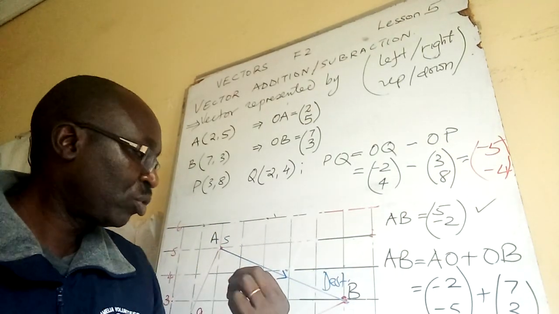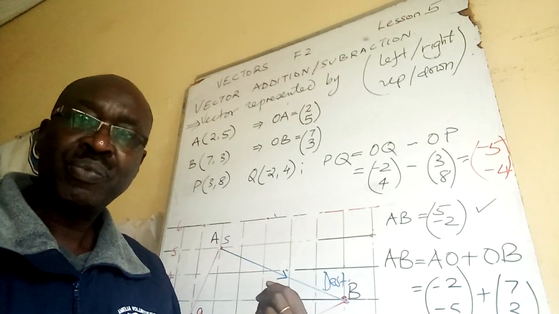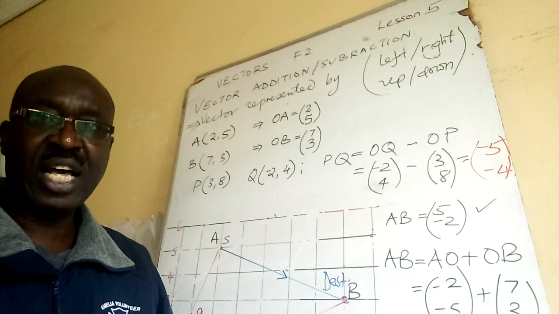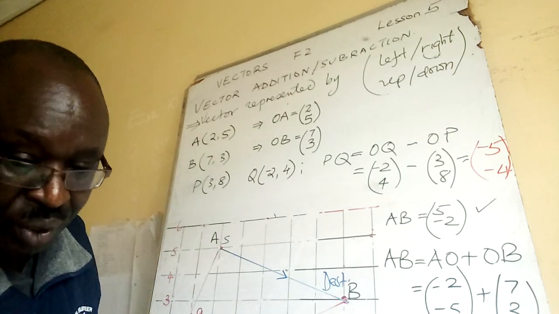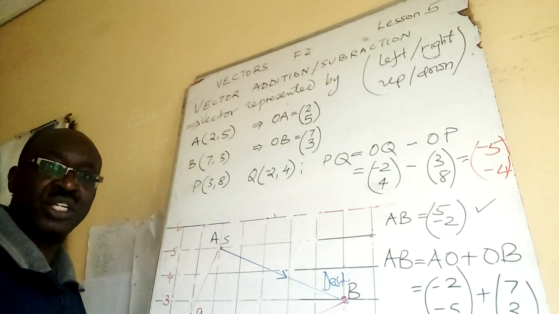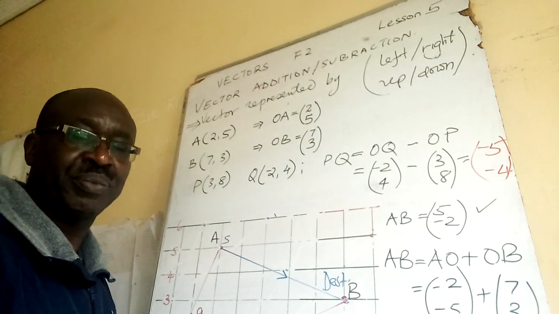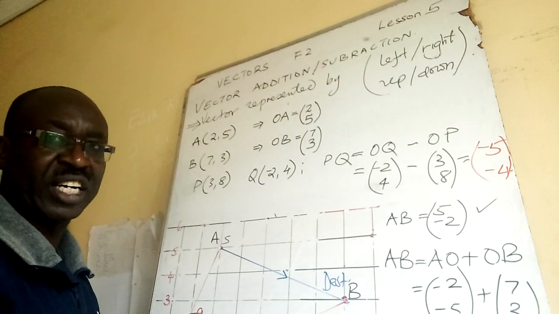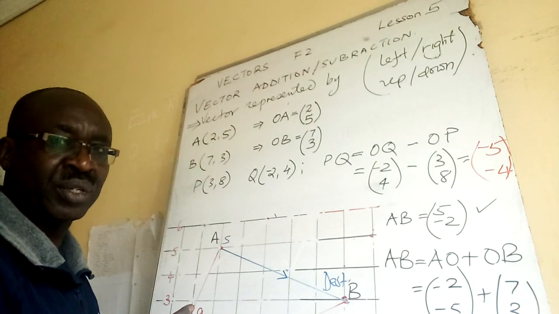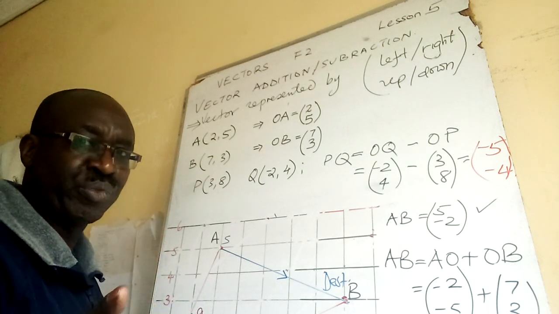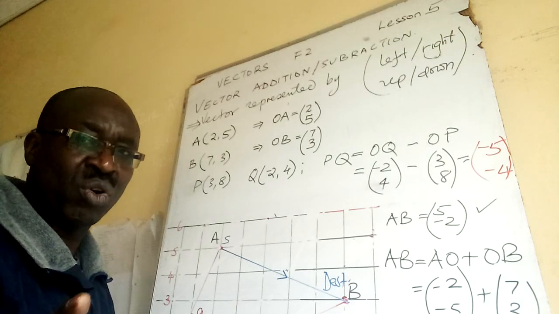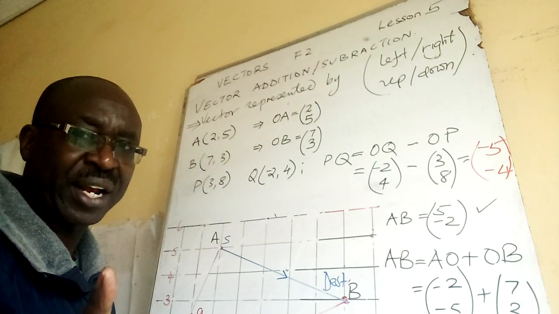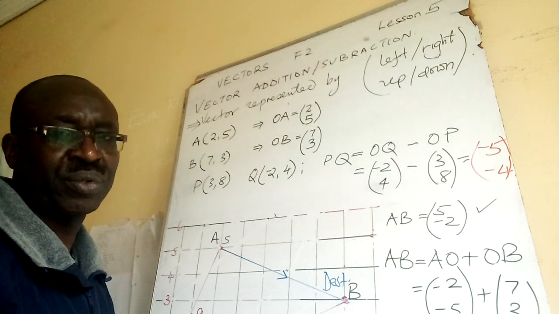So I have demonstrated it in the diagram and I have given you how to get that. It is good that you get some questions. This is the core of future vectors. Vectors is about movements. Try to know what is happening in movement, size, and direction.